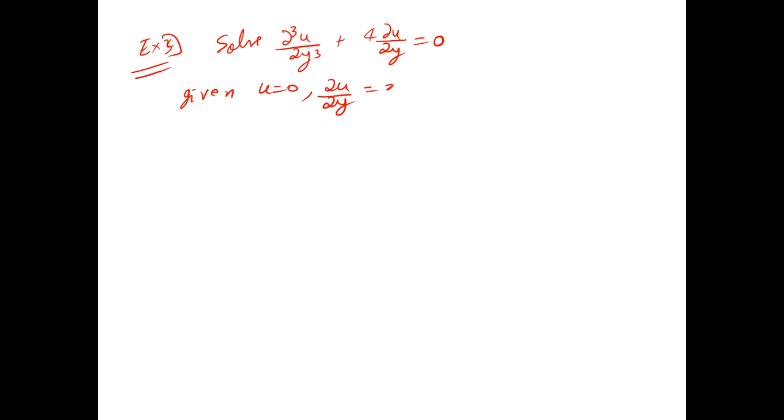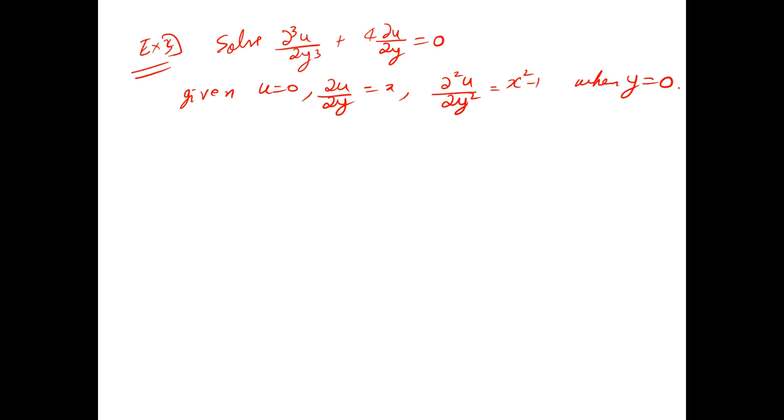Example 3. Please try yourself, friends. Solve. Similarly, you can solve the equation ∂u/∂x plus 4 ∂u/∂y is equal to 0, given u is equal to 0, ∂u/∂y is equal to x, ∂²u/∂y² is equal to x² minus 1 when y is equal to 0.